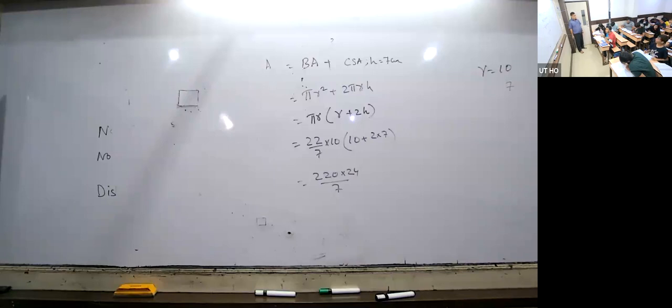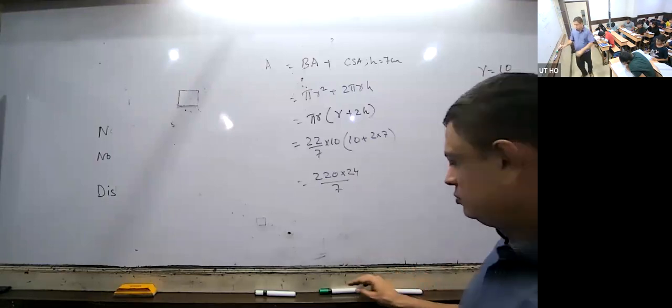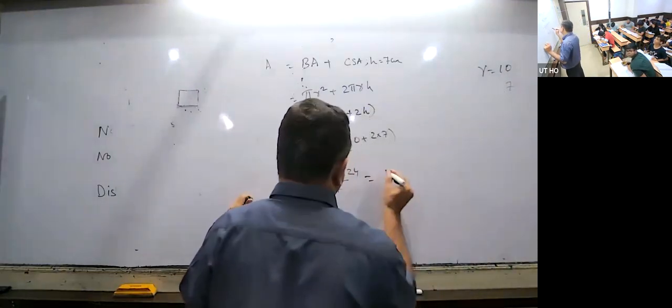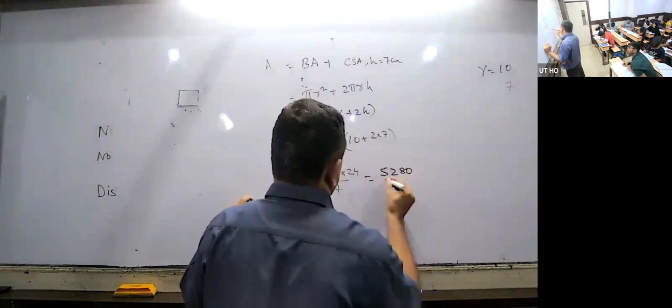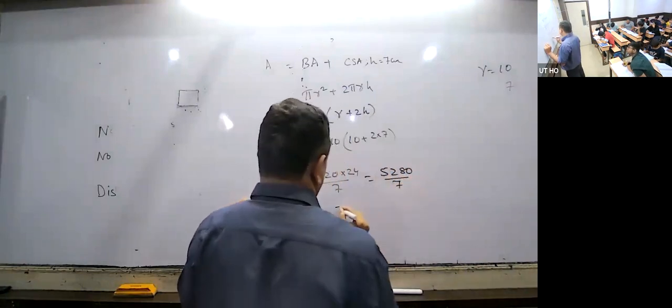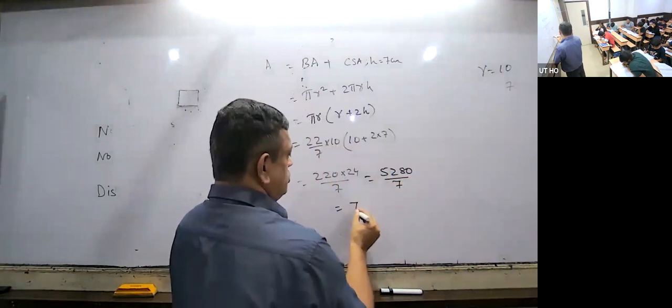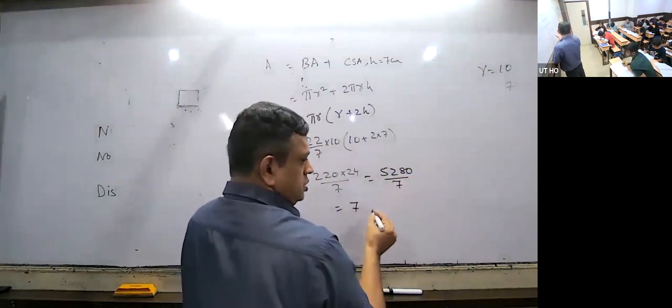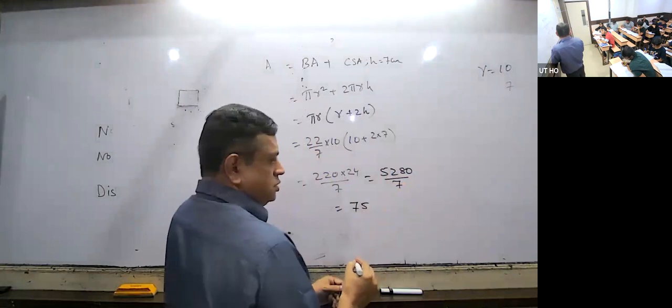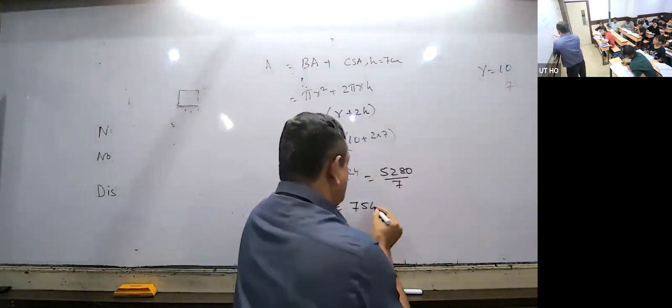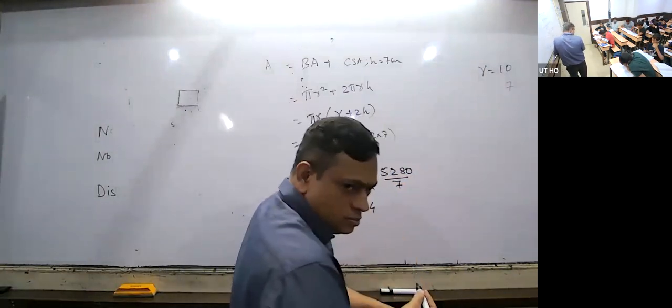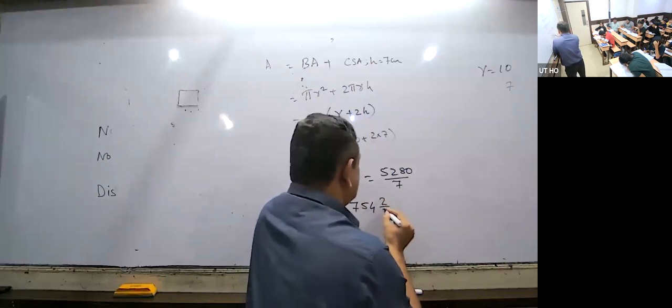5280 upon 7, make it a mixed fraction. 7 sevens are 49. 3, 7, 5. 75 and 2 by 7, 754 2 by 7.